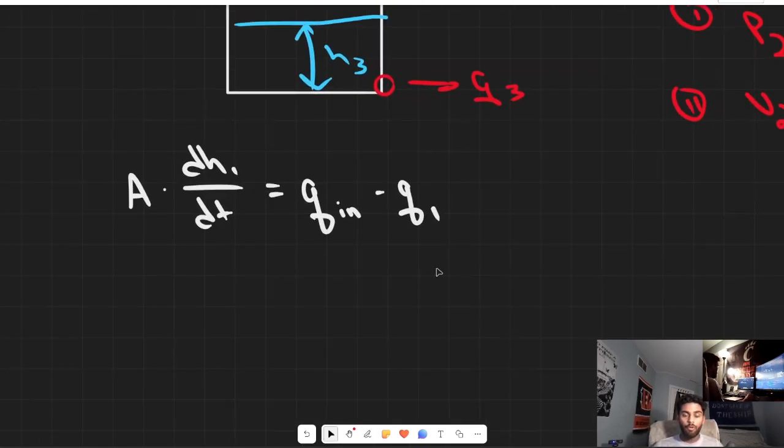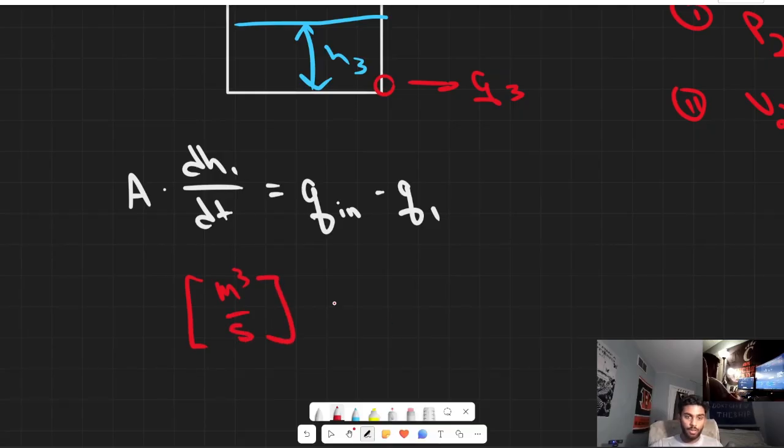Now, a volumetric flow rate has the units of meters cubed per second. Well, we can get this if we do a sort of dimensional analysis. We get this by multiplying a velocity, meters per second, times an area, meters squared, which gets us meters cubed per second.